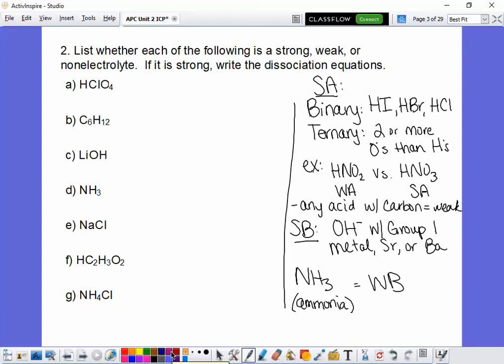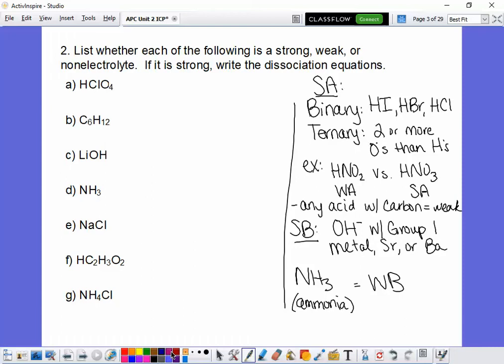All right, so now in talking about electrolytes, a strong electrolyte is something that if you run an electric current through it, it's going to conduct that charge. Like if you put a light bulb in it, it would light that bulb really brightly, okay? Because we have a lot of dissociation occurring for strong electrolytes, so you have a lot of ions being formed in solution for that current to pass.